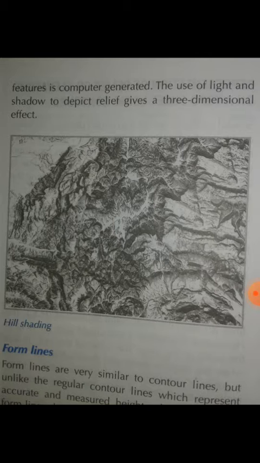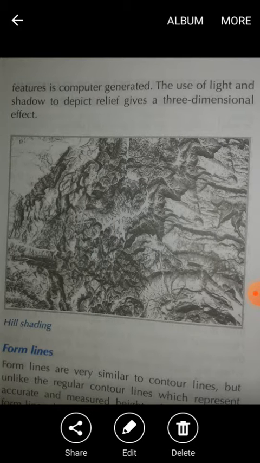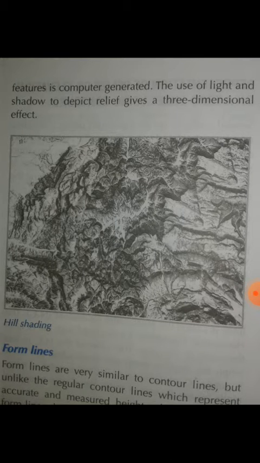It is generally assumed that a source of light is situated on the upper left hand corner of the map, the northwest corner, with the eastern, southern and southeastern slopes shaded darker than those facing the north and west, as though a shadow of the relief feature is cast on them.